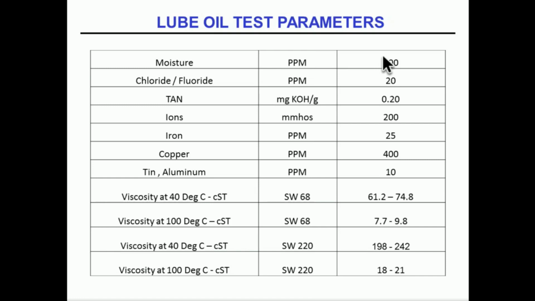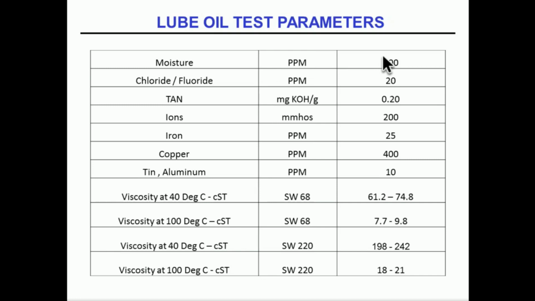Of course, after long running, if you find that the tin, aluminium, or iron content is increasing, we know that the bearing surface is getting worn out. That is an indication that I need to plan for my yearly overhauling.